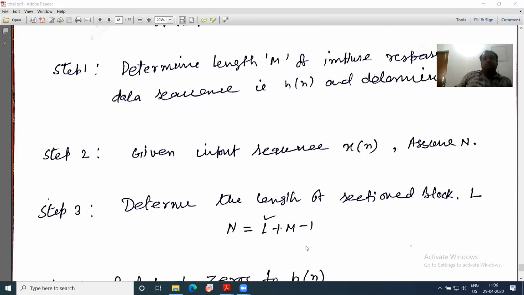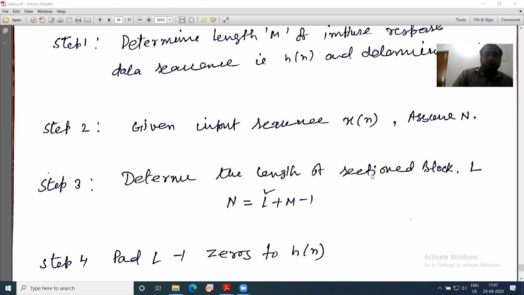Suppose if you are having 10-point data or 12-point data, I will assume some length of the block first. Let us say I will assume 4, 5, 6, something like that, 4. Now from this we will find the length of the block using this equation.